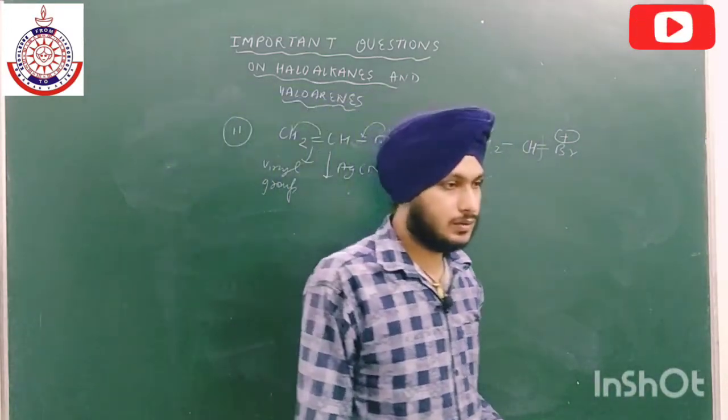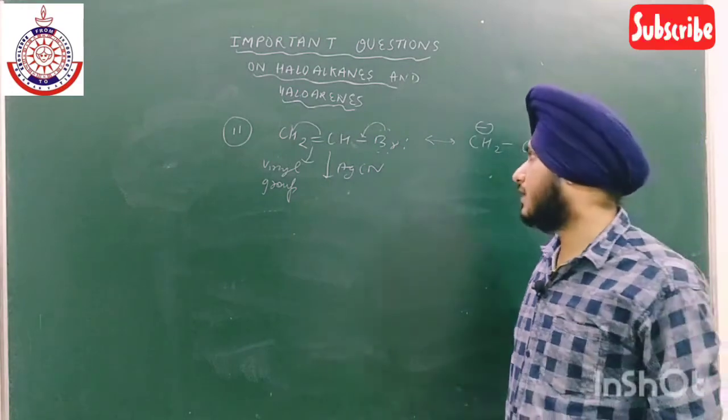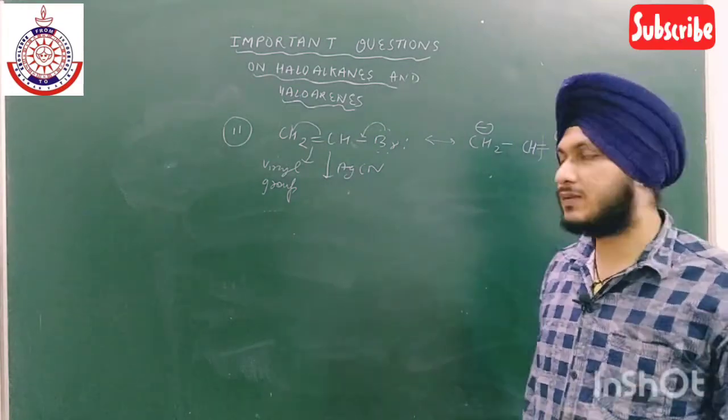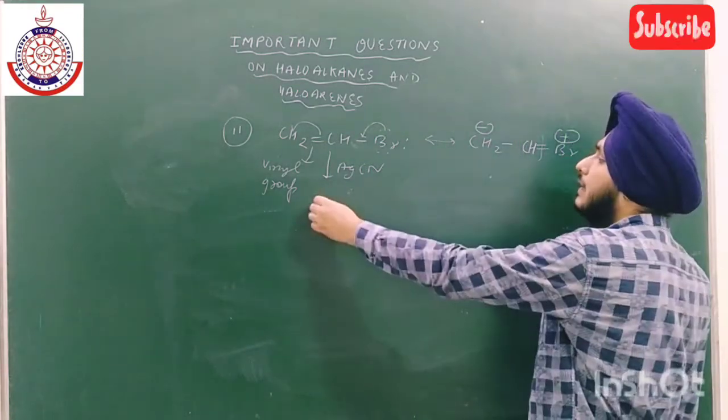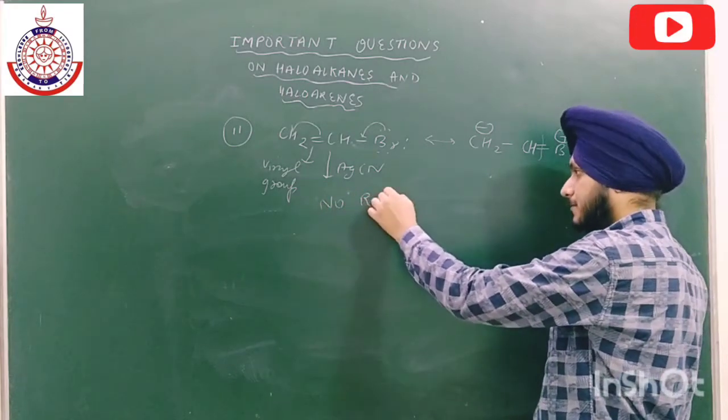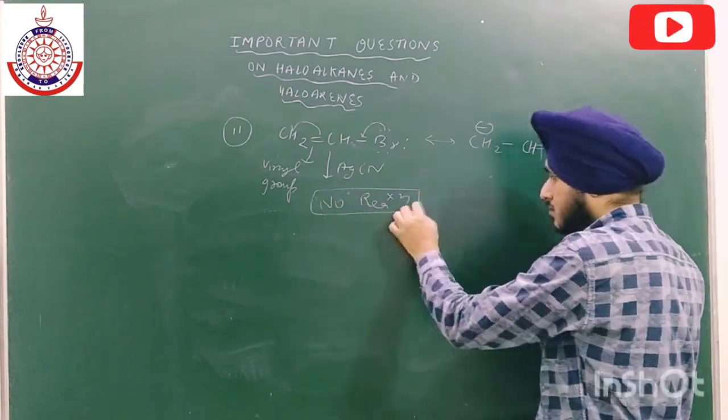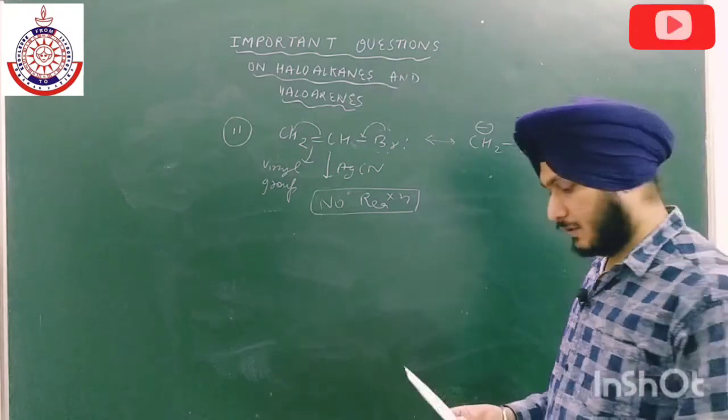So that is why vinylic groups will not give the nucleophilic substitution reaction, and no reaction will take place. This is a very important exception.